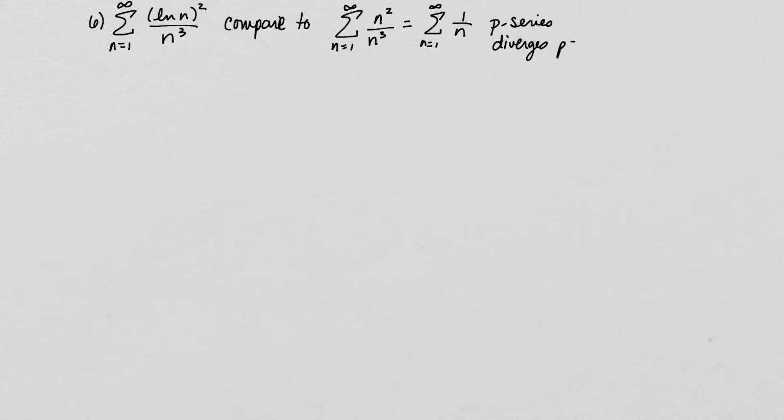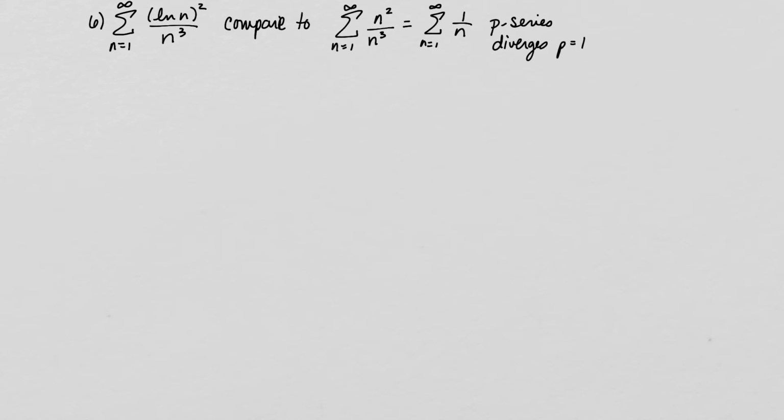So compare to. If you use what I've been saying, which is take the highest thing on the top, you might say, okay, I'll try n squared, and on the bottom, I'll try n cubed. So this is really the summation n equals 1 to infinity of 1 over n, and that's a p-series, and it diverges, right, because p equals 1.